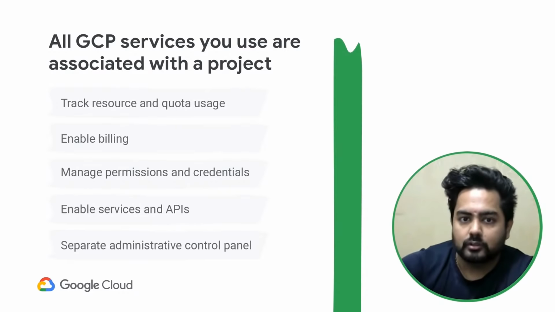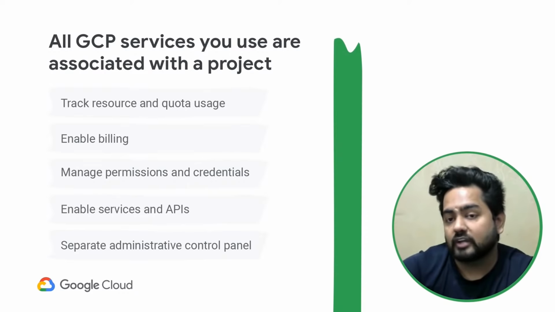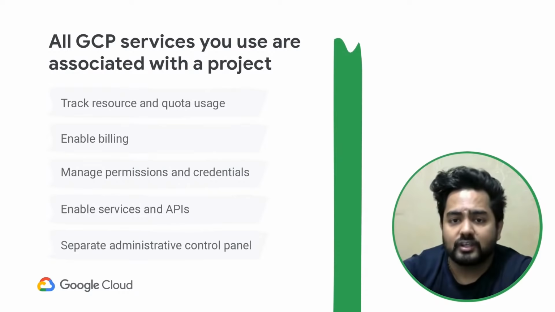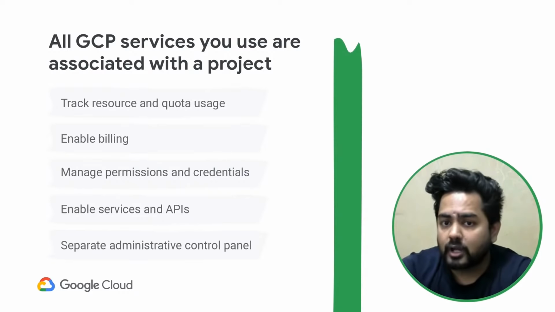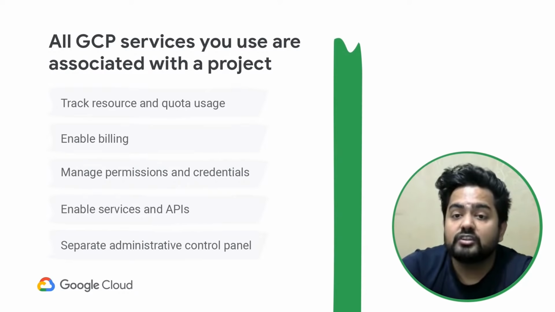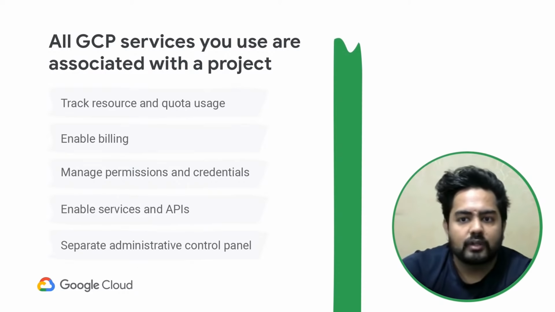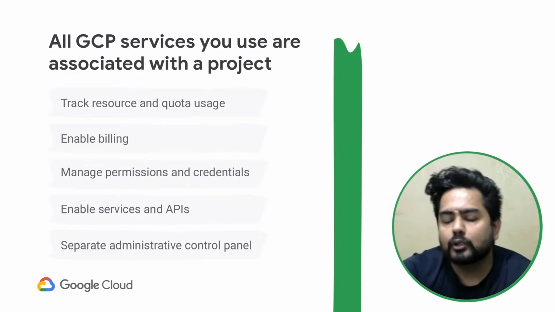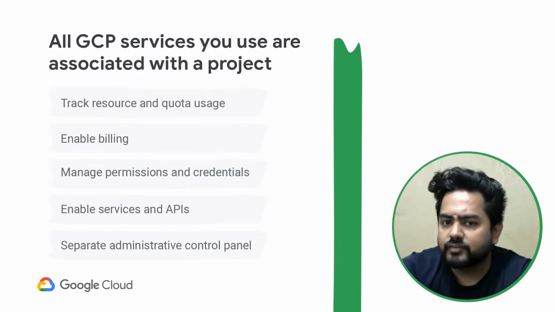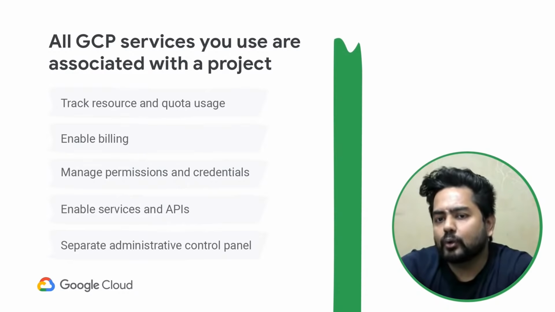So you have these logical projects, a separation of your dev environment, your production environment, and your testing environment. And each project, or each resource, whether it's your VM or storage bucket, is going to belong to exactly one project only. Now different projects can have different owners and users.